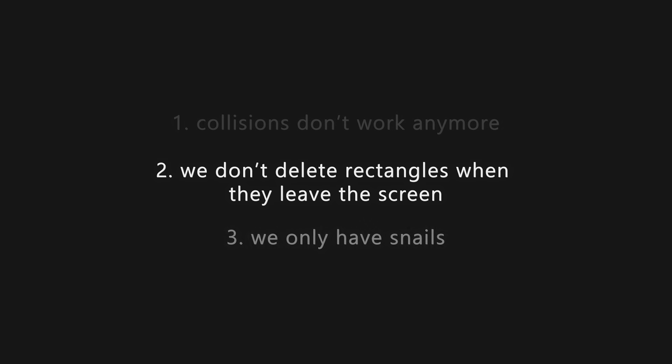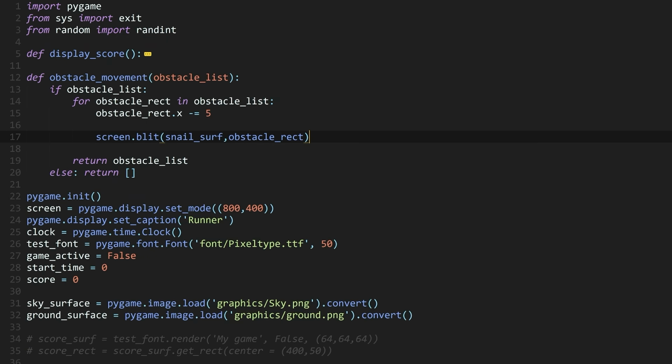So let's start with number two, that we want to delete a rectangle if the rectangle goes too far to the left. And this we can do inside of our function. So inside of this function, we want to check if any of these rectangles is going too far to the left. So if this number here goes to, let's say, lower than -100, and if that's the case, we want to kill it.